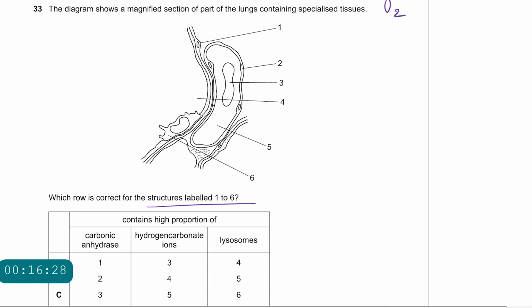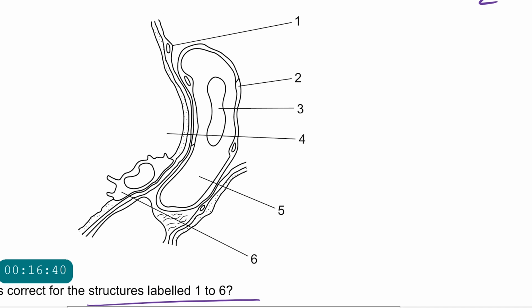33. The diagram shows a magnified section of part of lungs containing specialized tissues. Which row is correct for the structures labeled 1 to 6? So let's break this down. I know it could be a bit confusing. To start with, this structure you see here is definitely a red blood cell. Around it is the capillary wall.